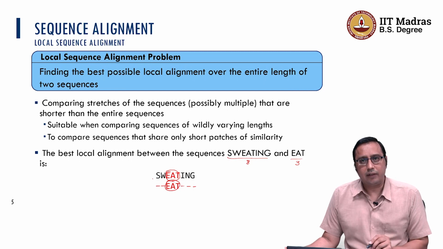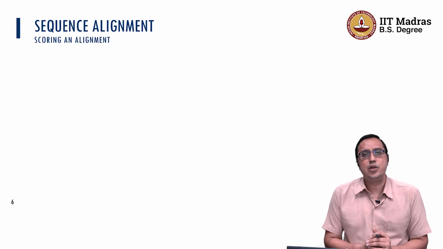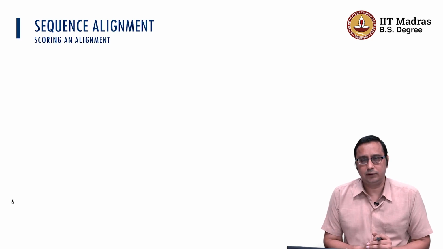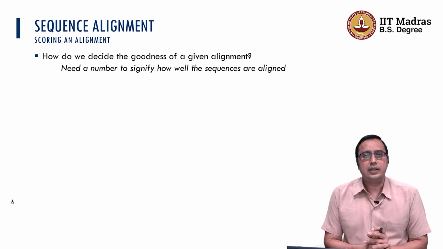Now here, try to compare global and local sequence alignment. I also talk about score. So we'll try to see what the scoring in alignment is. Let's start with the simple question of why we need to assign a score to a given alignment. The simple reason is, how do we decide the goodness of a given alignment?